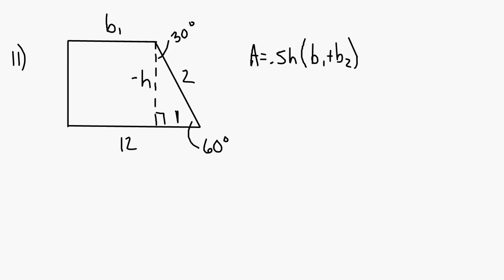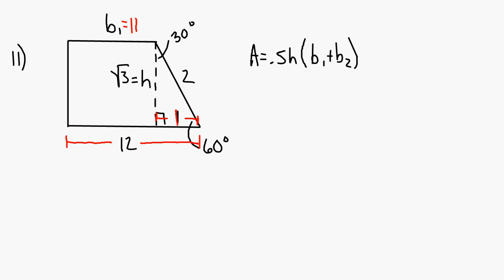So your height is 1 times the square root of 3, which is the square root of 3. Now, if this piece down here is 1, and the whole bottom of this shape is 12, then the top of this shape is going to be 12 minus 1, which is 11.